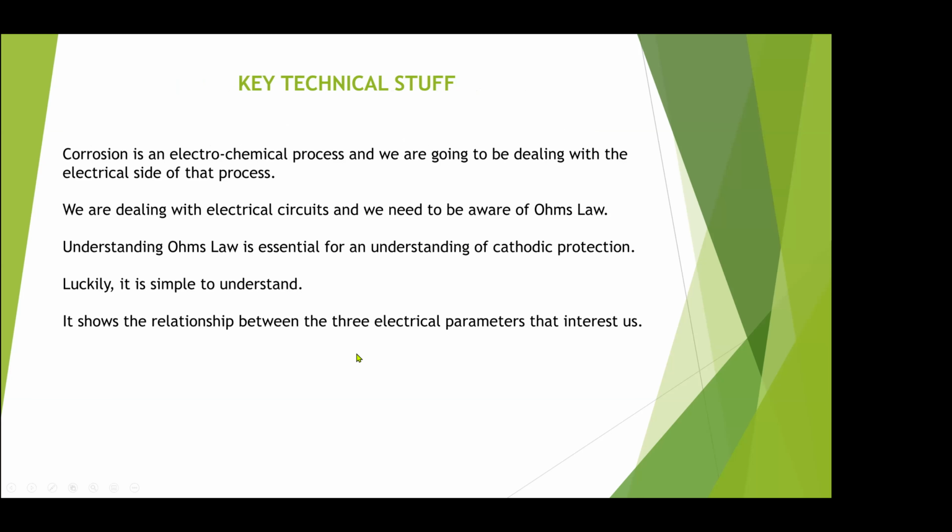So we're now going to get to the key technical stuff for cathodic protection. Now, corrosion is an electrochemical process, and you don't have to be a genius to realize that that means there are electrical and chemical elements to the process. Cathodic protection deals with the electrical side of it.